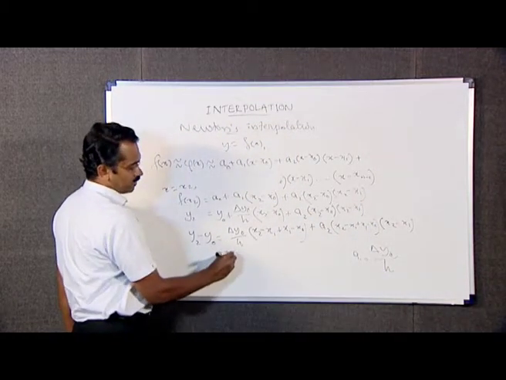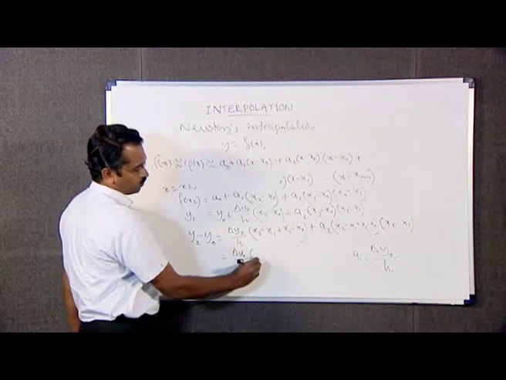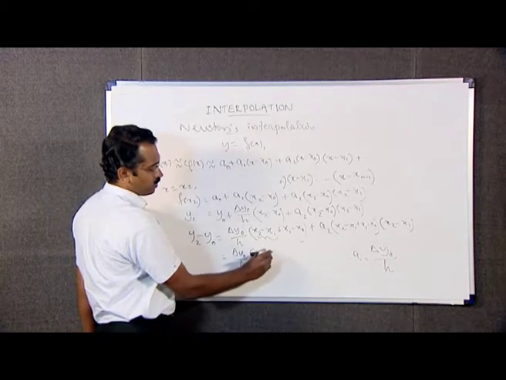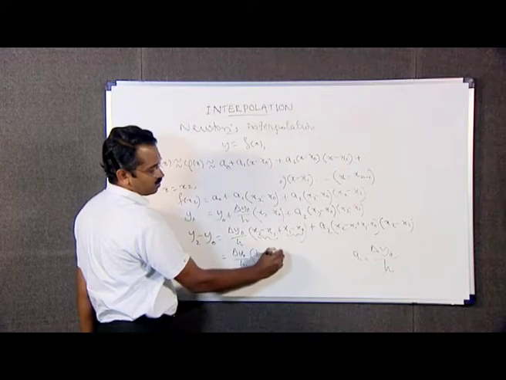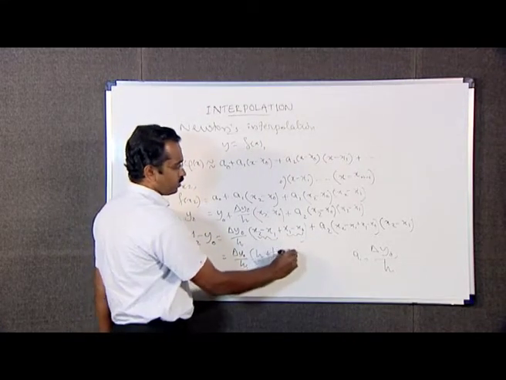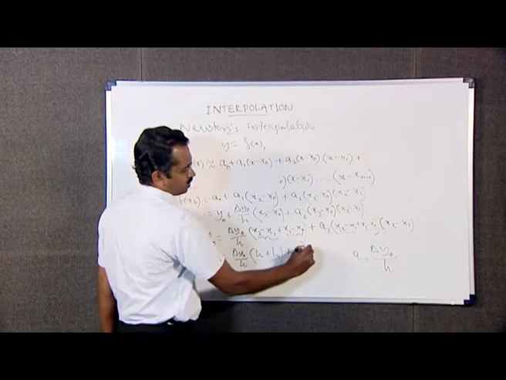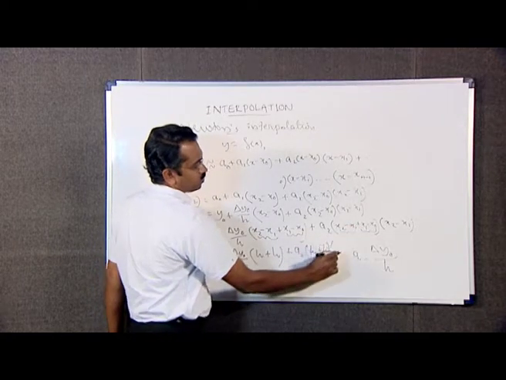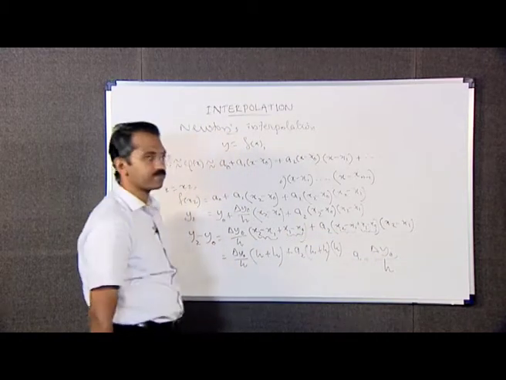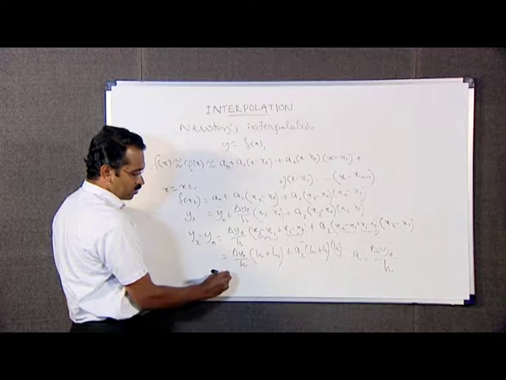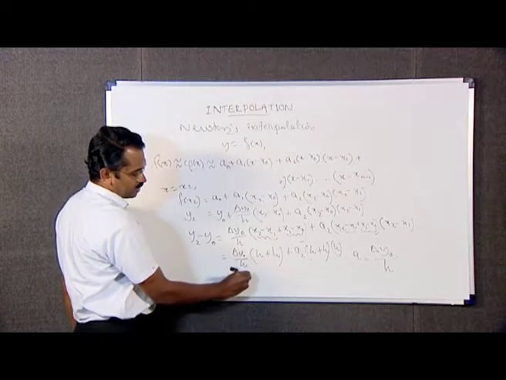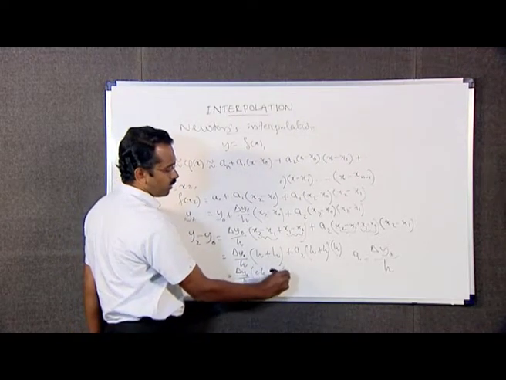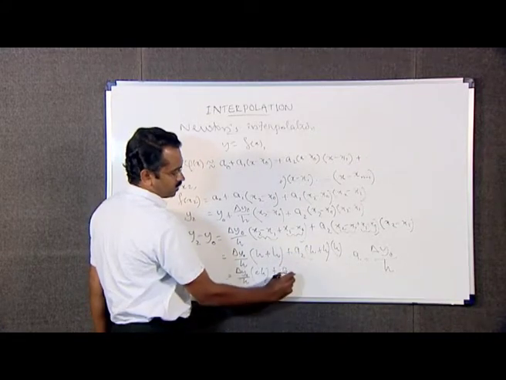This is equal to delta y naught divided by h into x2 minus x1 is h plus x1 minus x naught is also h, plus a2 into h plus h into x2 minus x1 is h, which is equal to delta y naught divided by h into 2h plus a2 into 2h into h is 2h square.